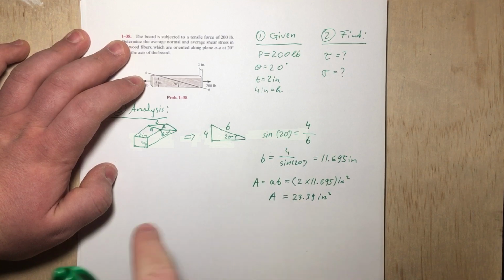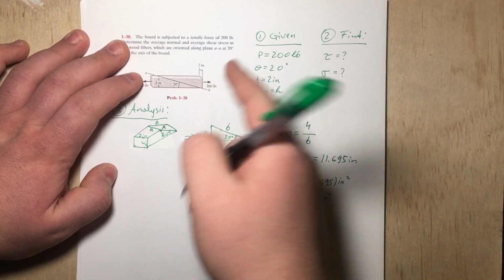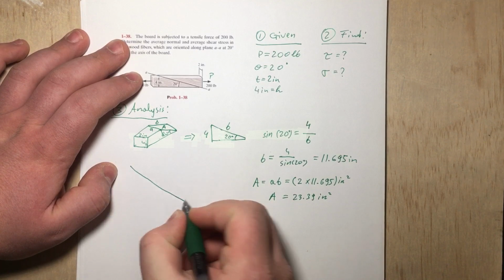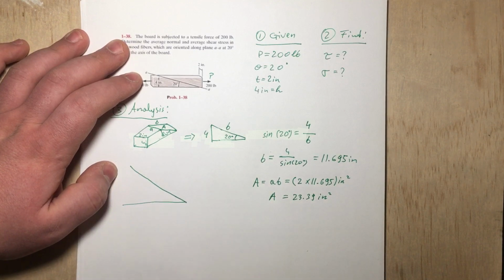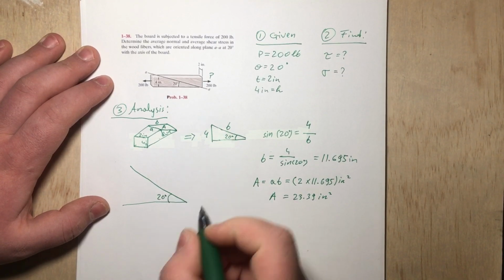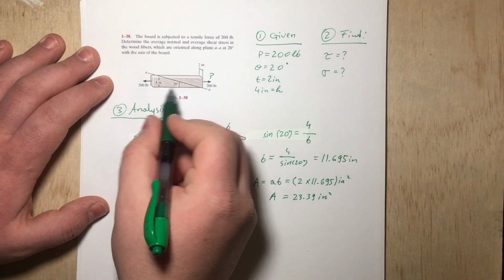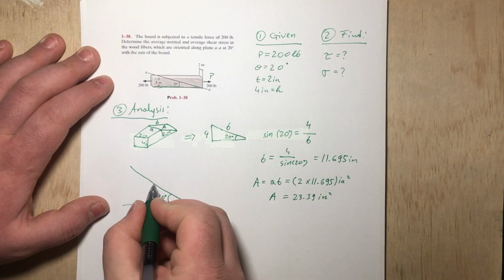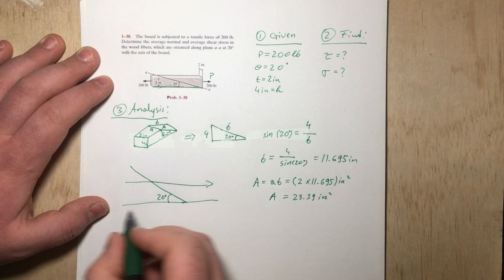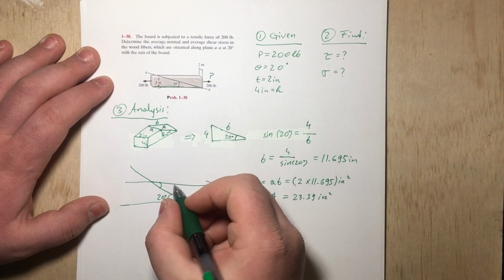Now that we found our area, we need to go back to the problem and decompose our force P. So let's make this picture and look at how that happens. We have theta 20 degrees, and P is parallel to the horizontal plane of the beam. So we have P horizontal to the plane, which makes this angle right here 20 degrees as well.